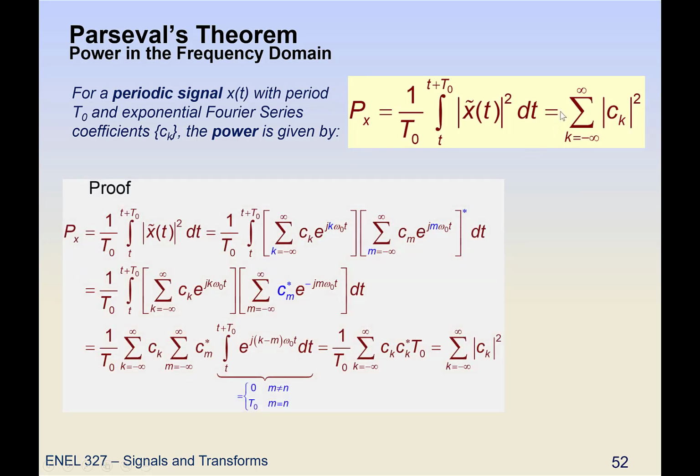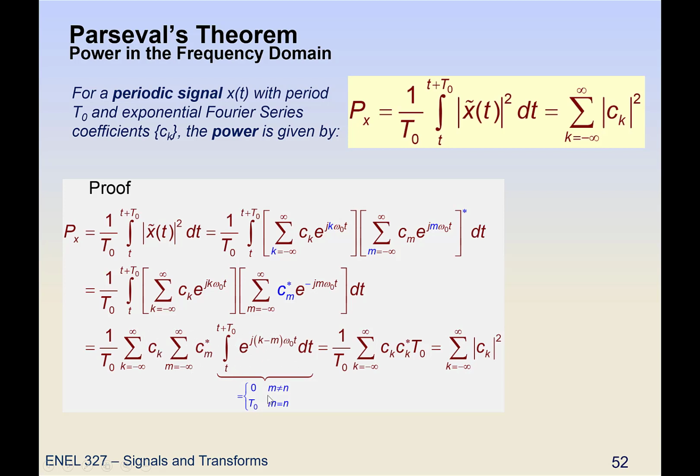So if we take a look at the left-hand side, what we're doing is we're just replacing x of t with its Fourier series, and I need to use different integers here so that I don't confuse the sums, and we need to do a conjugation here. When we do that conjugation, it distributes into here, and then I'm going to take out the sums from the integral. So now I have this integral.